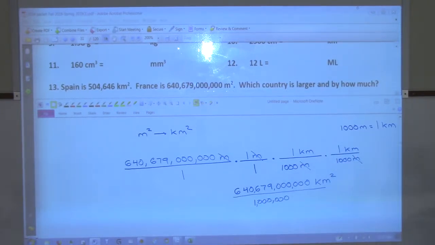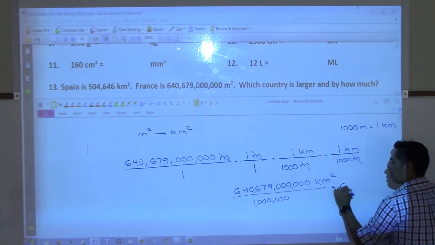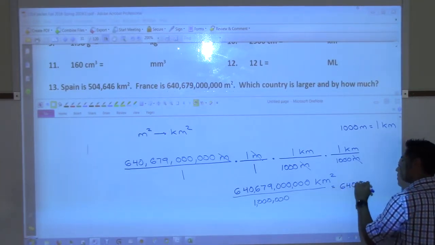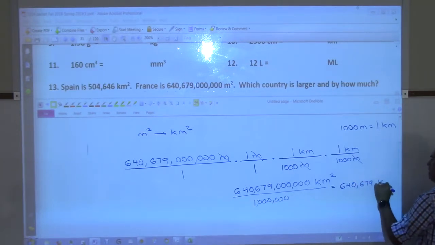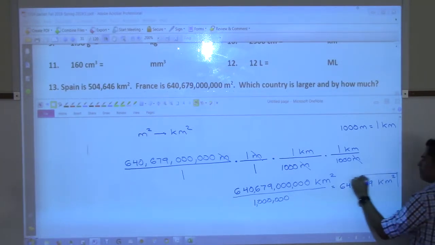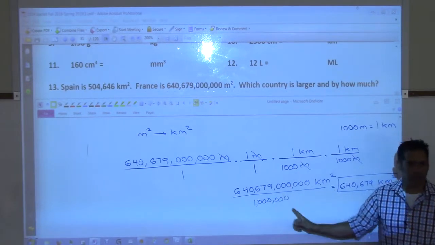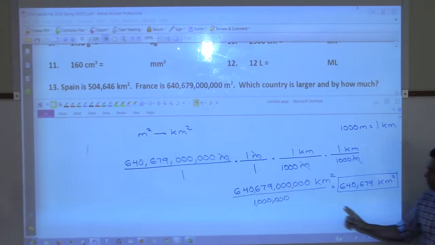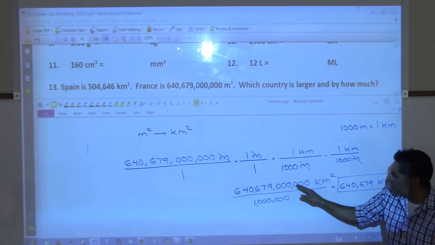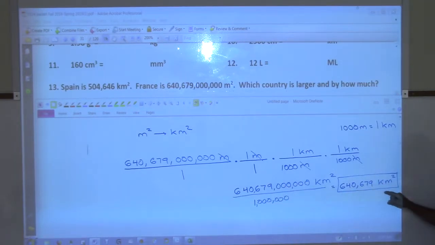And now you do that division, and you should get 640,679 kilometers squared. I'm just trusting that on your calculator you could do this part. Is that fair or no? We should get all 6 zeros to cancel out and just be left with this.